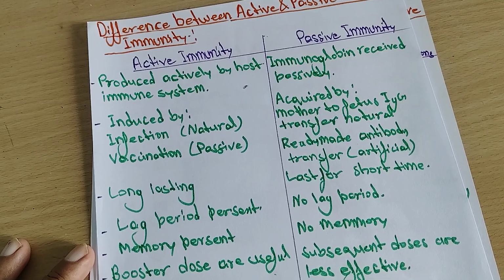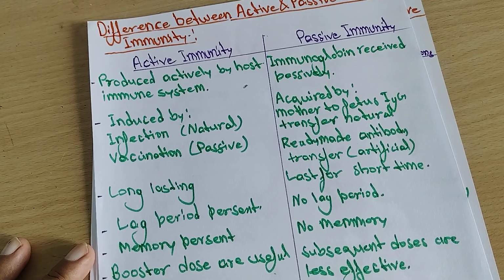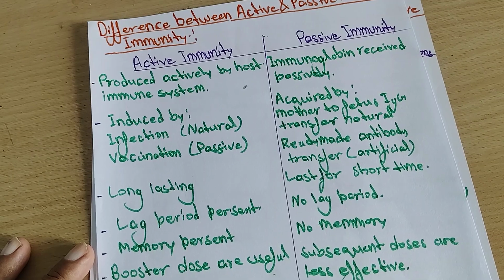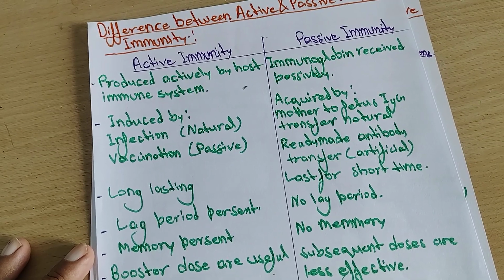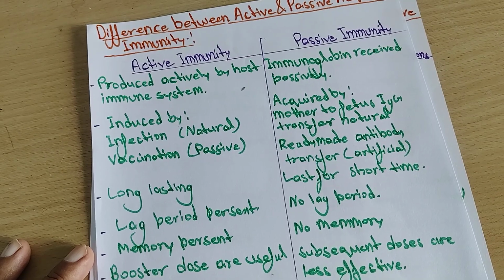In case of vaccination, it is called artificial active acquired immunity. Passive immunity acquired by mother to fetus, IgG transfer through the placenta, is ready-made antibody transfer; it can also be given artificially.